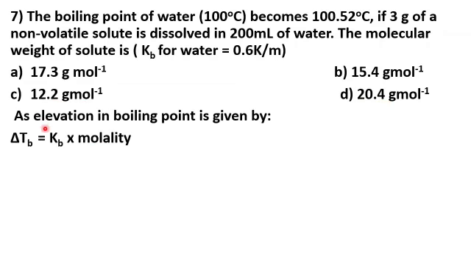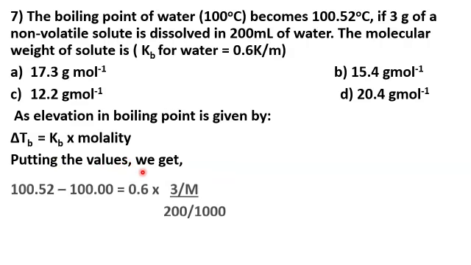We know the formula for elevation in boiling point, that is delta Tb is equal to Kb into molality. Here delta Tb represents change in the boiling point after formation of solution, Kb is the elevation boiling constant, and molality is the number of moles of the solute divided by weight of the solvent in kg.